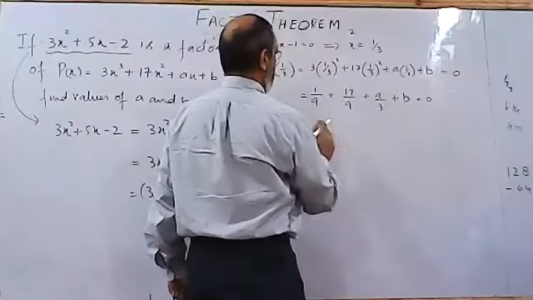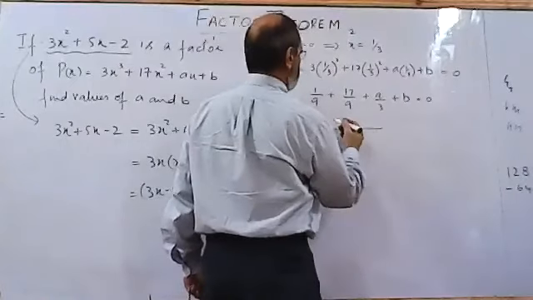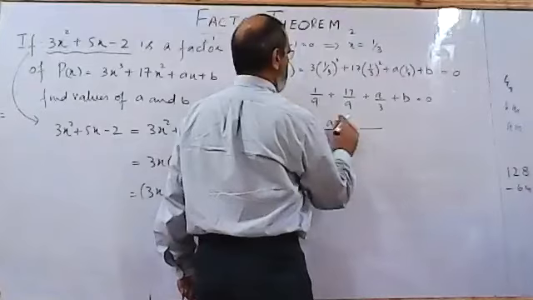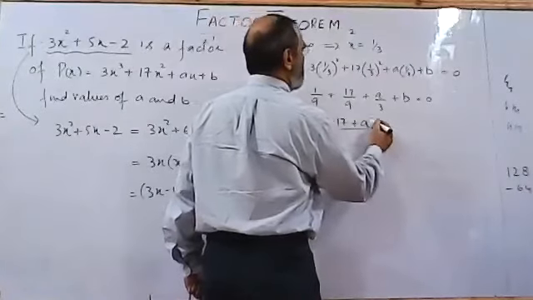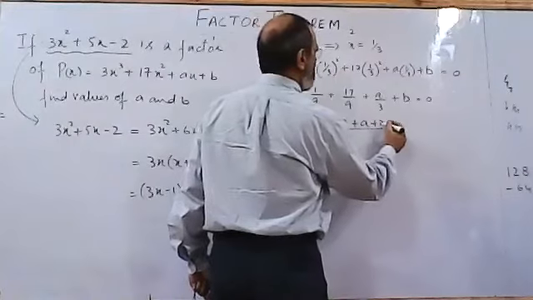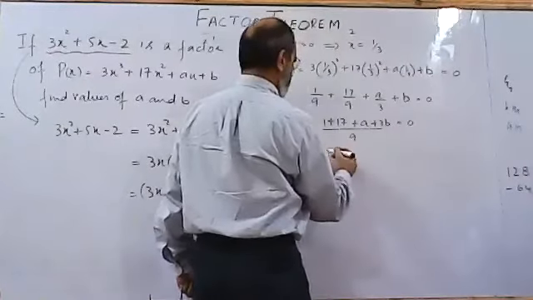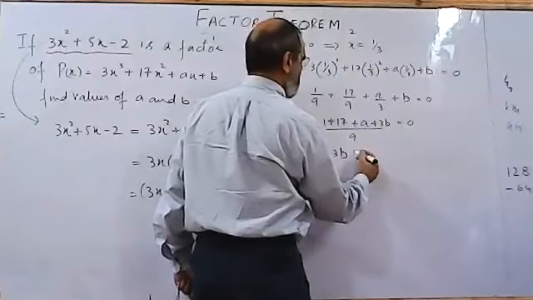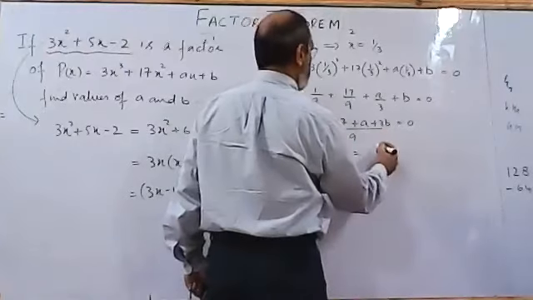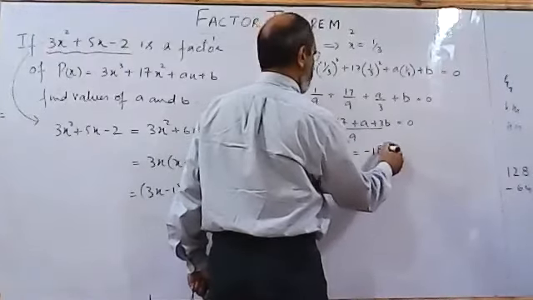So we get 1 plus 17 plus a plus 3b is equal to 0. So a plus 3b is equal to minus 18.